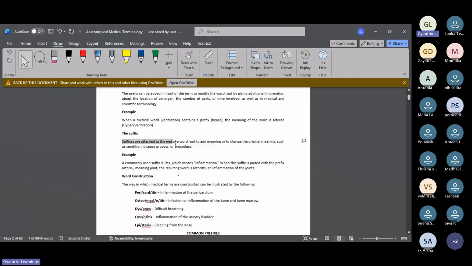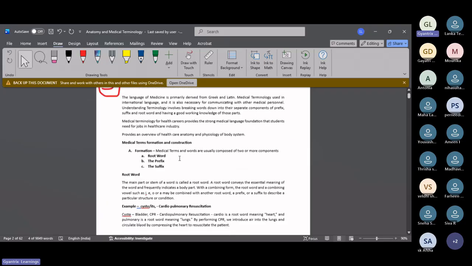An example we can see here is the common suffix itis, meaning inflammation. This suffix is paired with the root arthro, so for example, arthritis is nothing but inflammation of the joints, right?